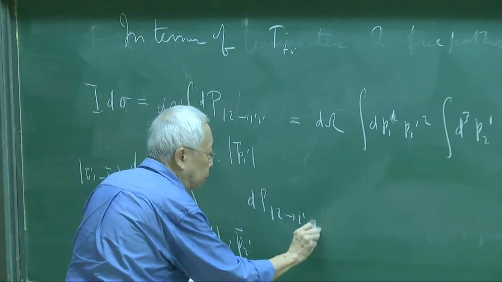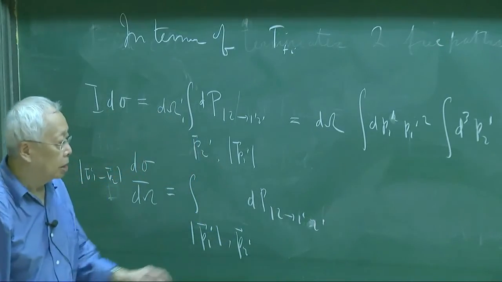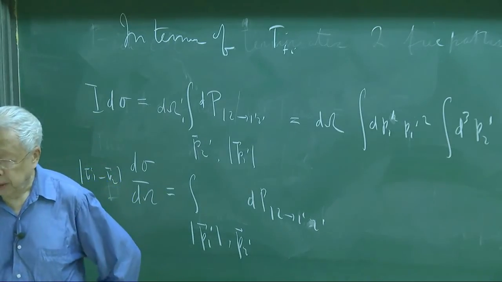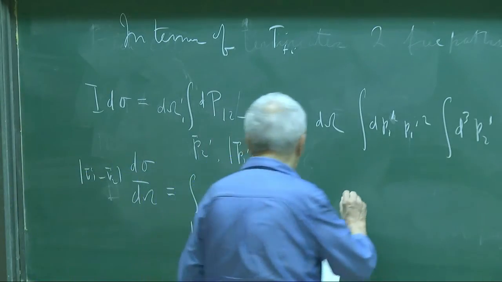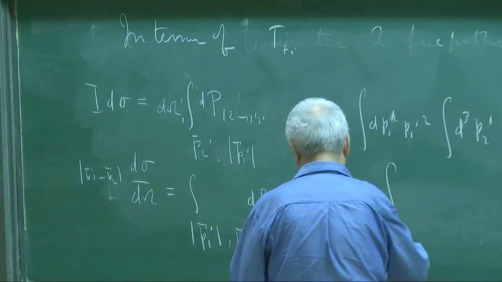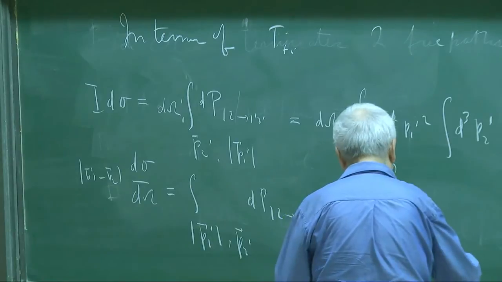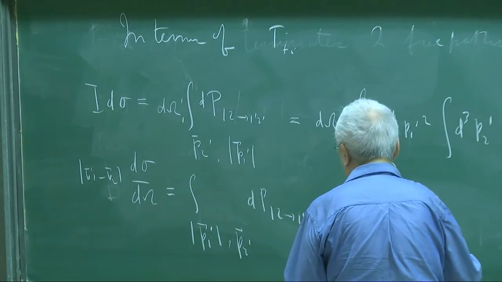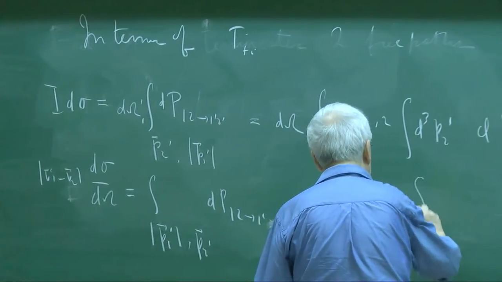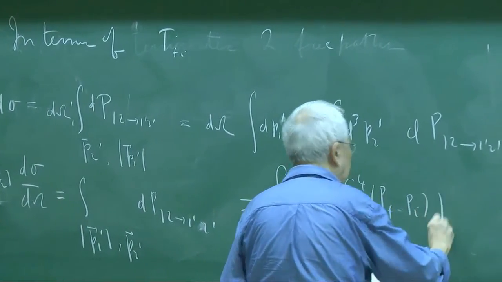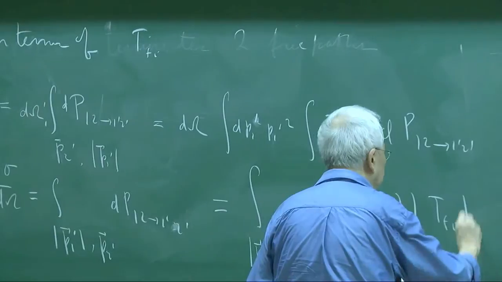And now in our discussion last time, we have an expression for this in terms of the transition matrix. You recall what it is? I'll just write it down. This dP is just equal to the delta function of δ(pf minus pi) times |T_fi| squared.